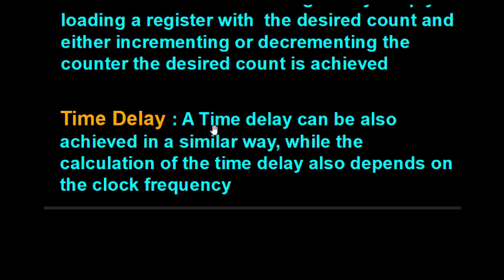Like suppose you want to design a signaling system. It contains three signals: a red signal, a yellow, and a green signal. We want the red signal to remain on for 60 seconds, the yellow signal for 5 seconds, and then the green for 60 seconds.